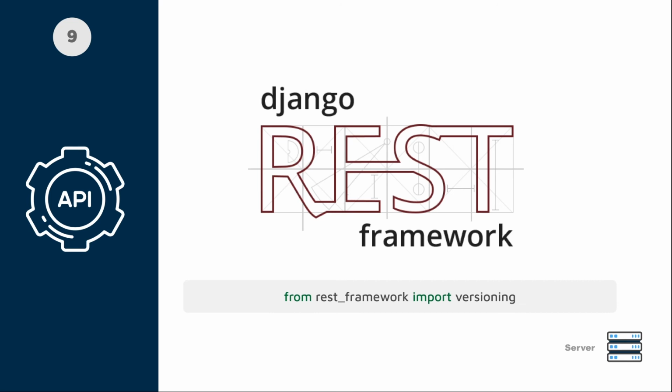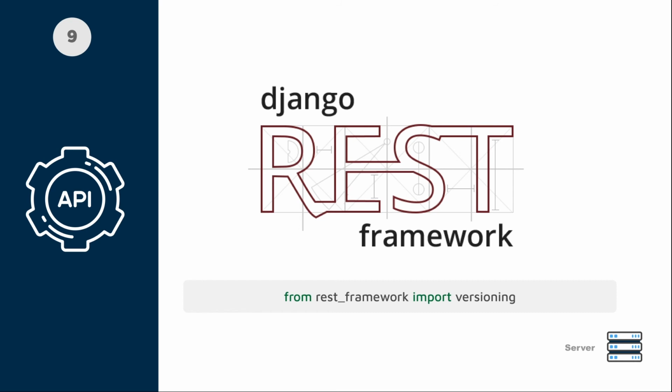So we have the versioning package coming from the REST framework, and within the versioning package, we got different classes which represent different schemes used to version an application.